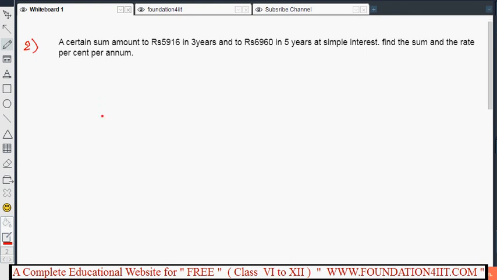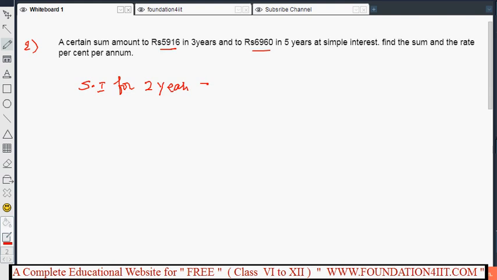So if you observe here, in 5 years this is the amount and in 3 years this is the amount. That means if I subtract these both, we will get simple interest for the 2 years between them, right?